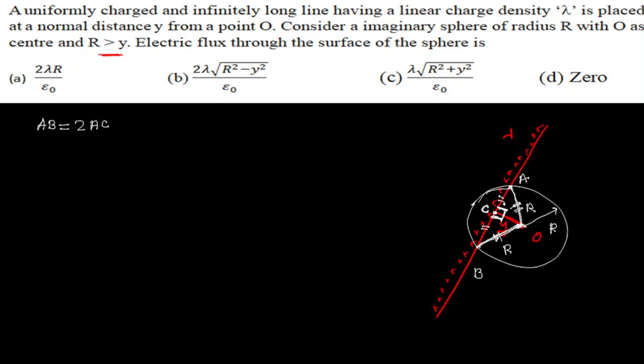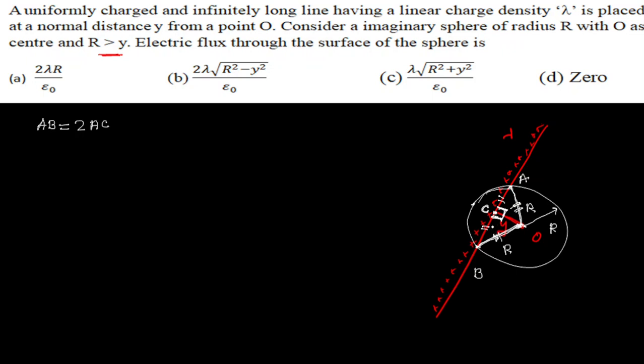Because of that, some amount of charge will be enclosed by the sphere, and since the sphere is a closed surface, once we know the total enclosed charge, the flux will be Q enclosed divided by epsilon naught. For that, we have to calculate the length of AB. If we know the length of AB, we simply multiply it with lambda, and that will be the enclosed charge. Then the flux will be the enclosed charge divided by epsilon naught.